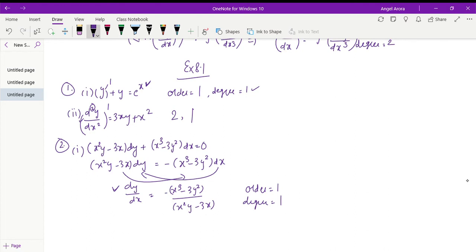So the second part of the second question is: 1 minus y squared dx plus 1 minus x squared dy is equal to 0.